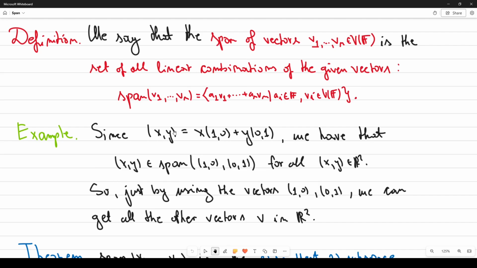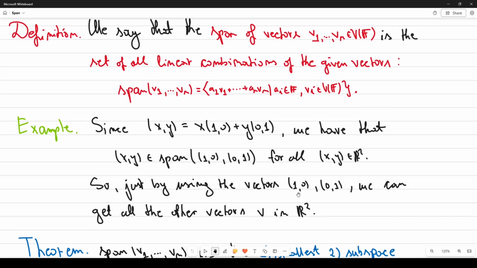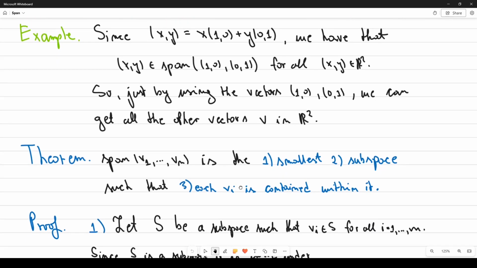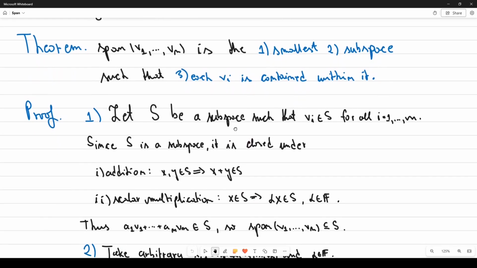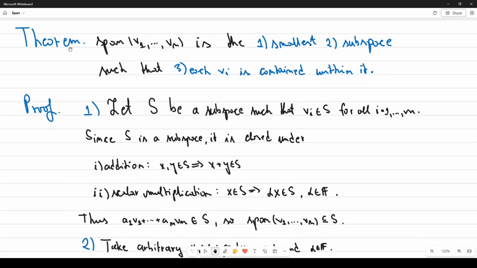We've seen that every point can be written as a linear combination, so this point belongs to the set of all linear combinations of these two vectors. Just by using the vectors (1, 0) and (0, 1), we can get all the other vectors v in R squared. And now we prove the following result about the span of some vectors.